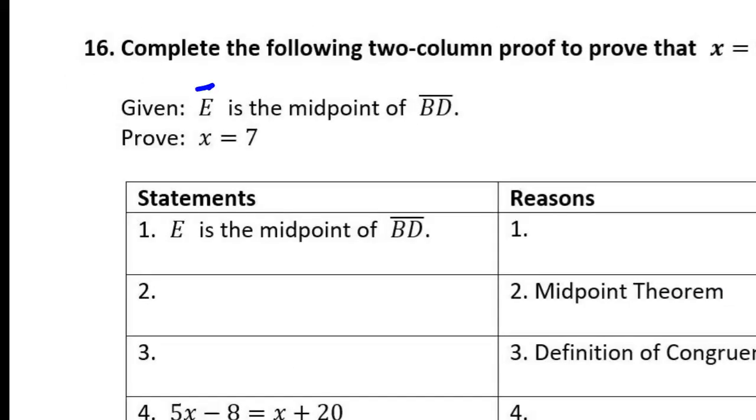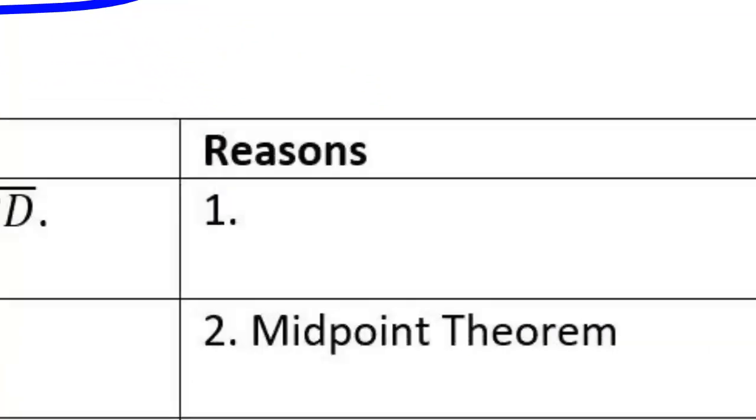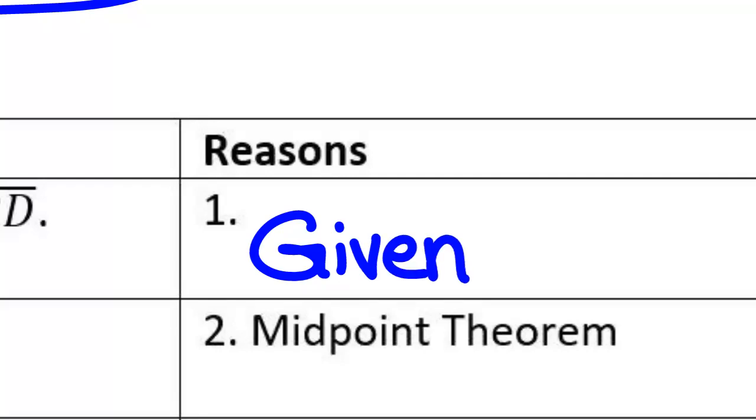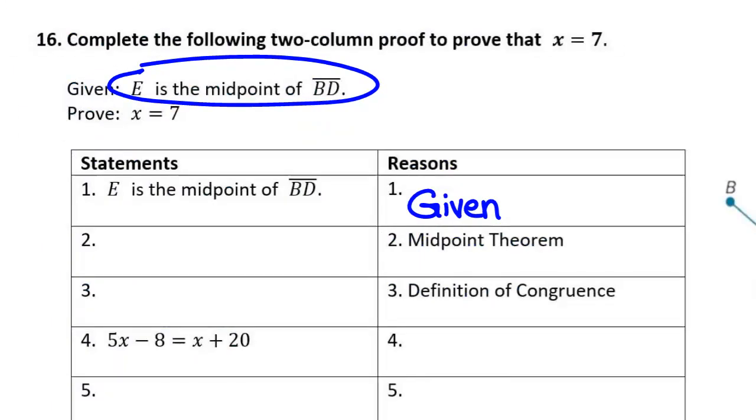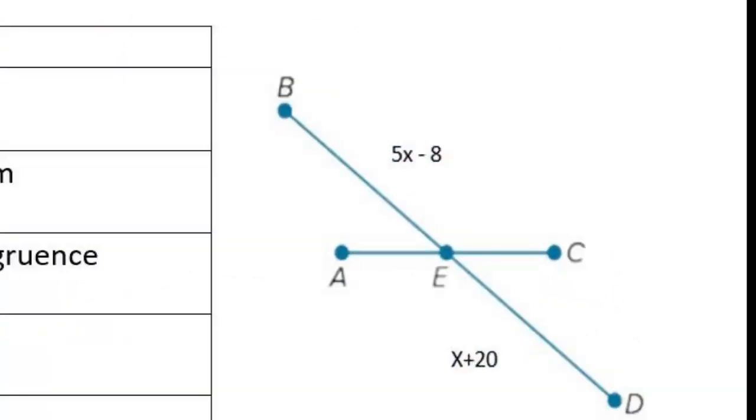All right, 16, they tell me that E is the midpoint of BD. So my first reason is because it's given. If E is the midpoint of BD, what does that mean about BE and ED? They're the same, they are congruent.